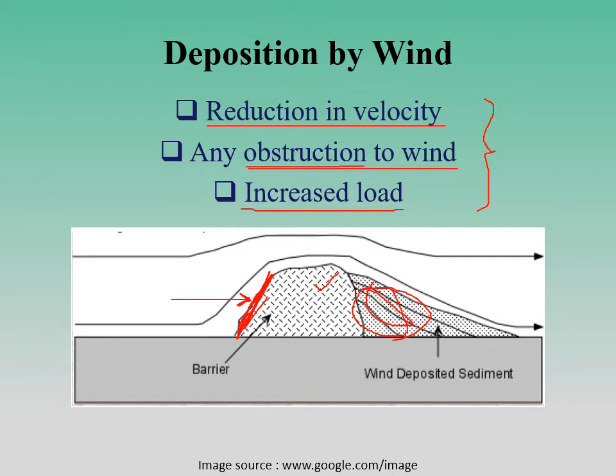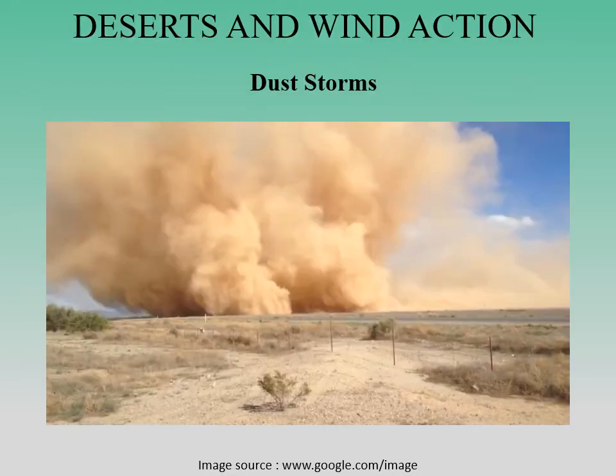Now, in a dry area, often we find these kinds of storms. These are called dust storms. It is found that most of the wind-blown particles are of silt to clay sized particles, but often in a high energy moving air we call them sandstorms, because in that case the wind-blown particles are mostly of sand sized particles.